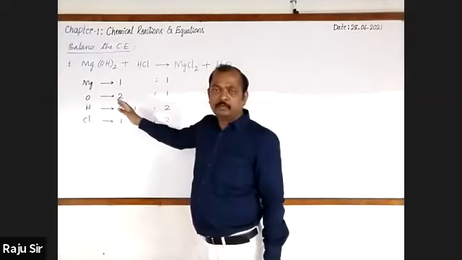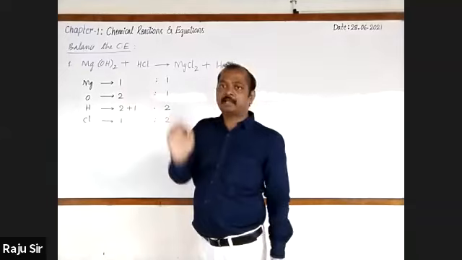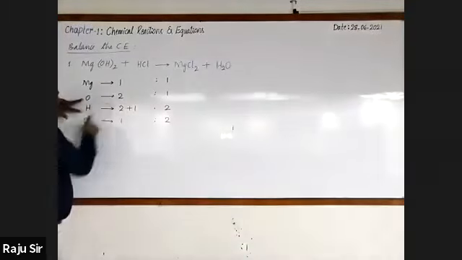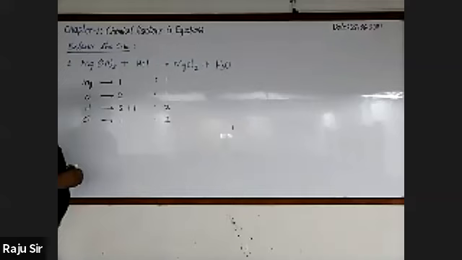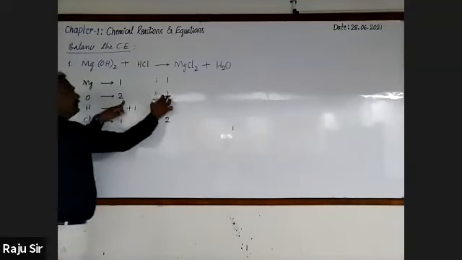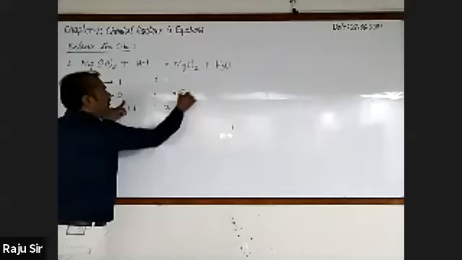That is why we give preference to the next element having the maximum number of atoms. Oxygen has 2 atoms, chlorine has 2 atoms. You can balance any one of these. I take oxygen. Here 2 is there, here 1. What should be multiplied? 2, sir. It should be multiplied by 2.